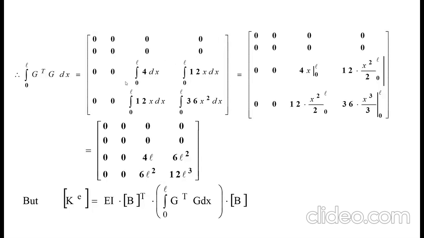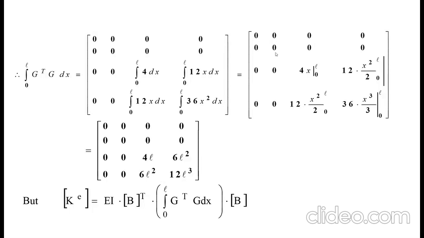Then the (3,3) entry is 4 dx, so we place the integral from 0 to L of 4 dx, and the (3,4) entry is the integral from 0 to L of 12x dx. The (4,3) entry is also the integral from 0 to L of 12x dx, and the (4,4) entry is the integral from 0 to L of 36x squared dx.